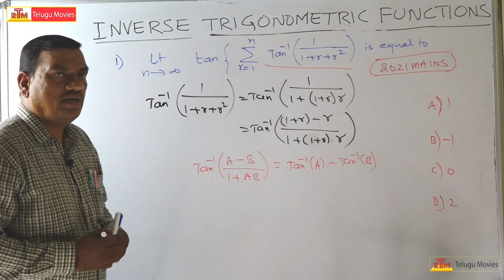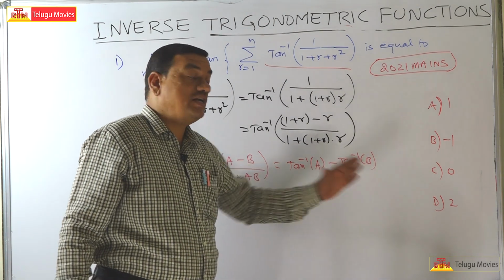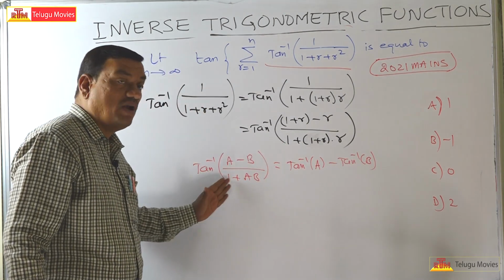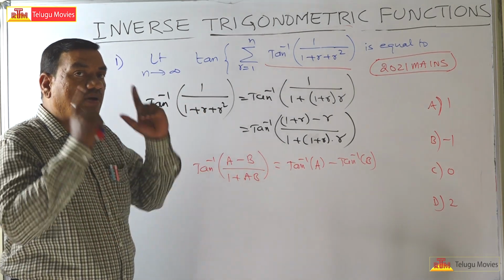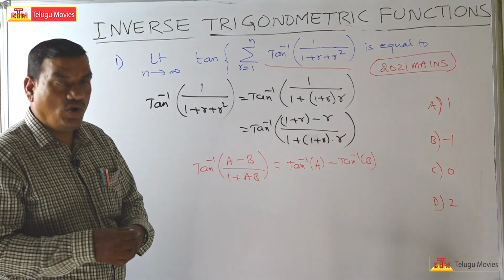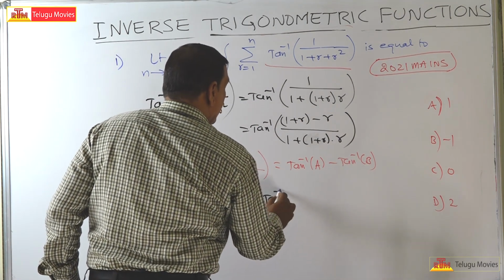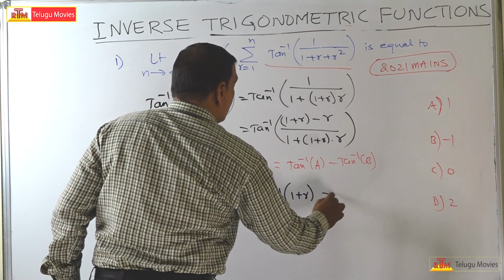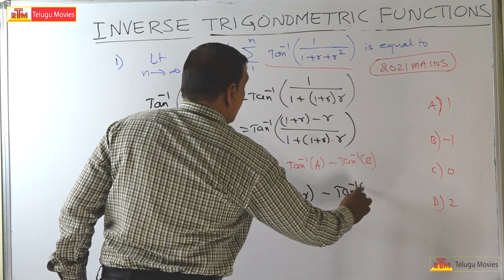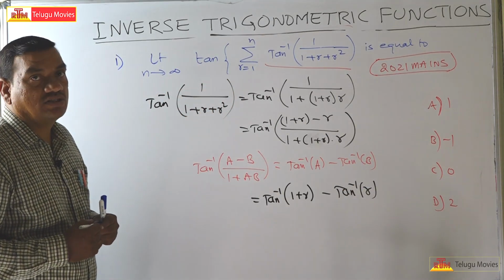Actually there is no by-hearting of this problem. Tan of a minus b is equal to tan a minus tan b by 1 plus tan a into tan b. If you remember that main basic formula, this is very easy. Now it becomes tan inverse of 1 plus r minus tan inverse of r.